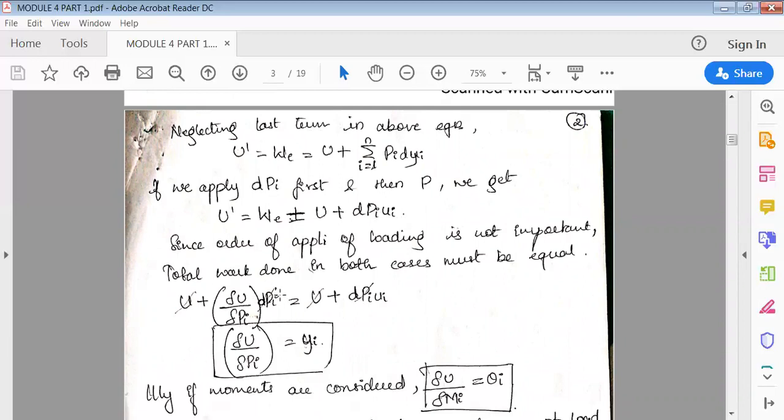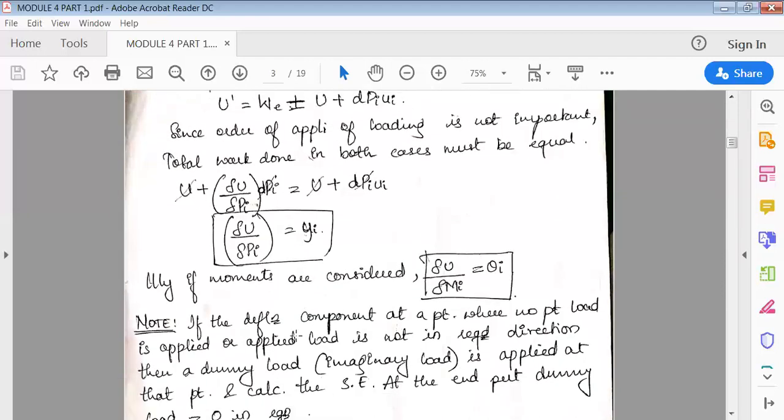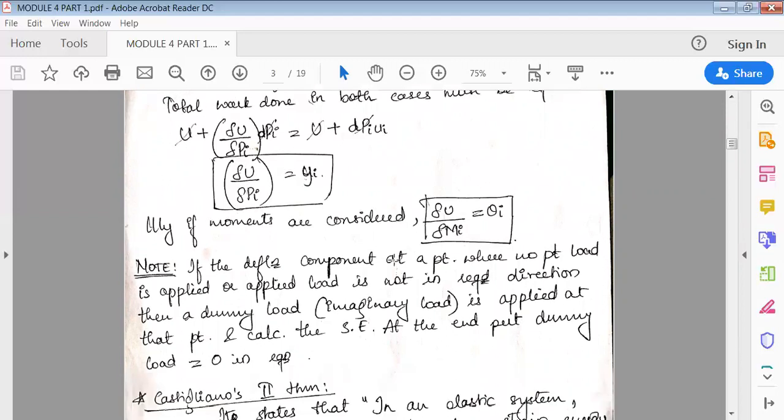If you cancel these terms, dou U by dou Pi is equal to Yi. So the partial derivative of the strain energy with respect to the load is equal to the deflection. Similarly, the same is considered for moments, that is dou U by dou Mi is equal to theta i.